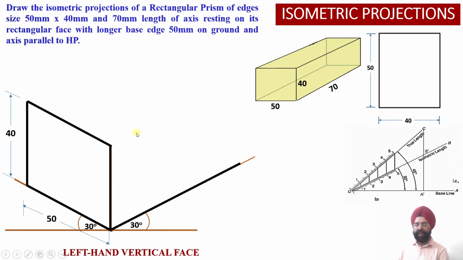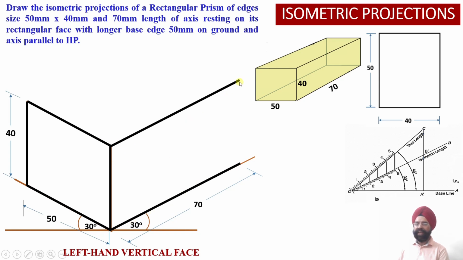Similarly, from here another isometric line 70 mm, and from here another isometric line 70 mm long will be drawn. So this is my 70 millimeter length of this particular prism, and again this has to be isometric length, not the true length.